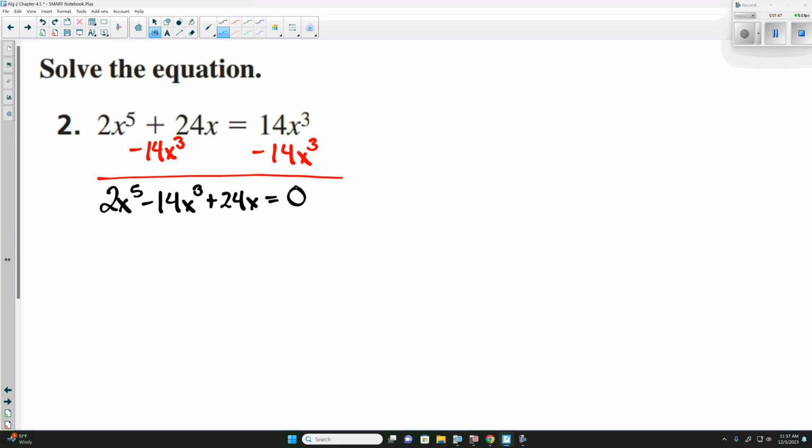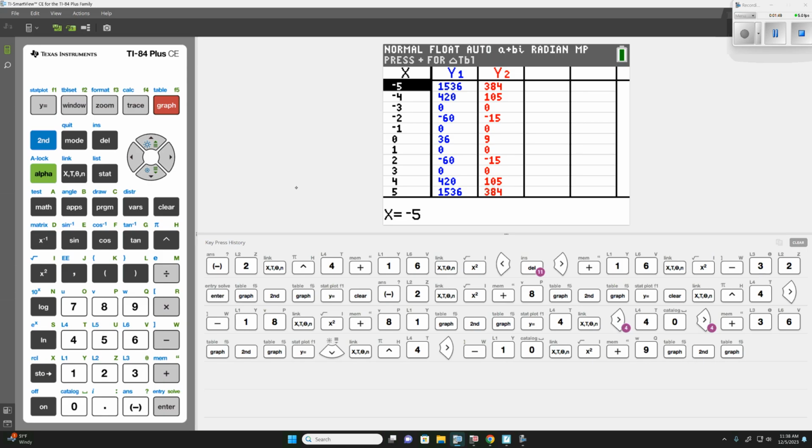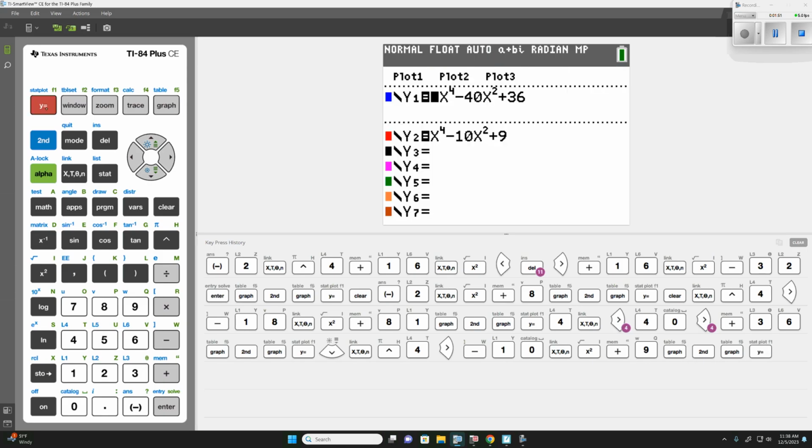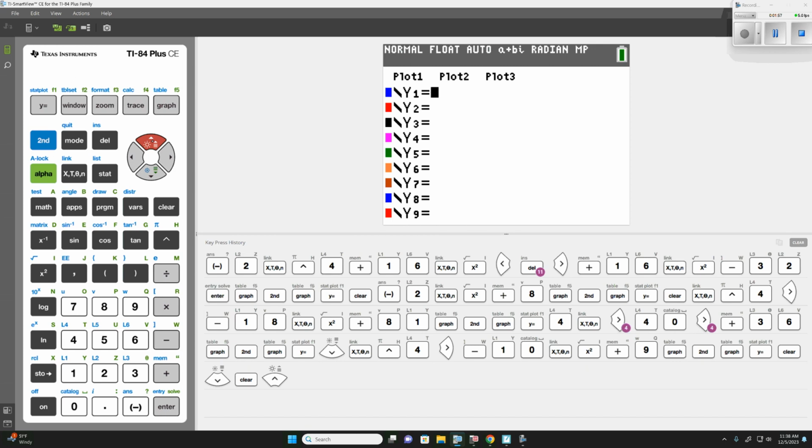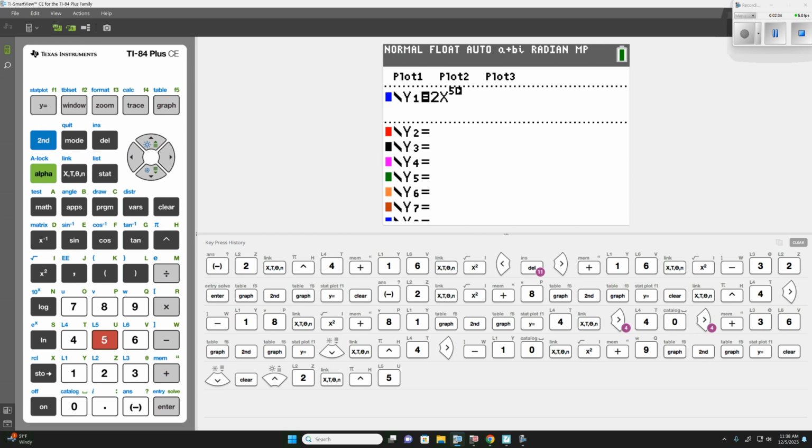Now our next step, like some of the previous ones, we're going to type it into the calculator. Clear both of those out. So the first thing we're going to do is hit y equals. And then we're going to type this in, 2x to the fifth minus 14x to the third plus 24x.